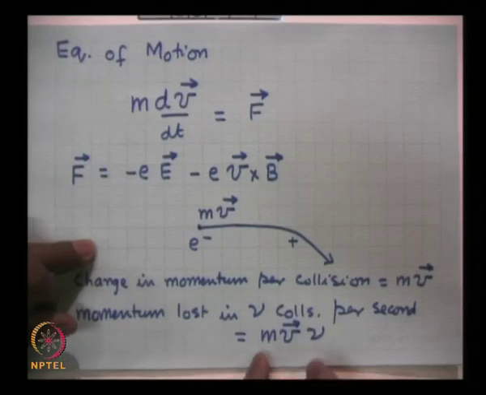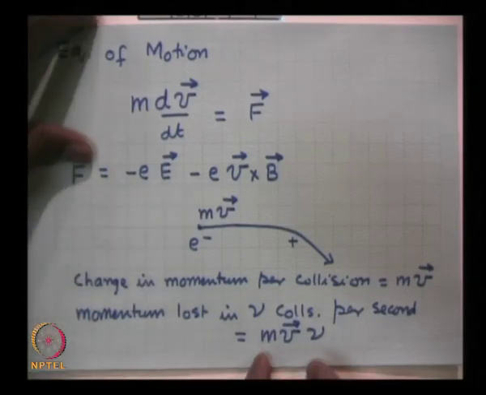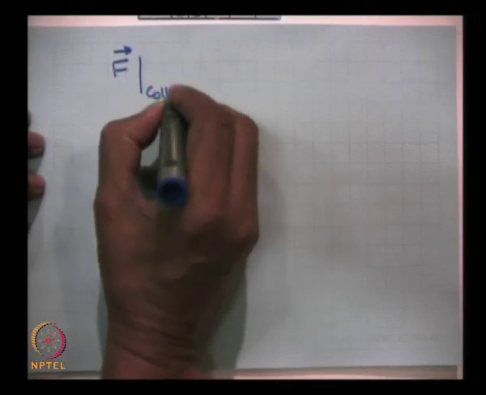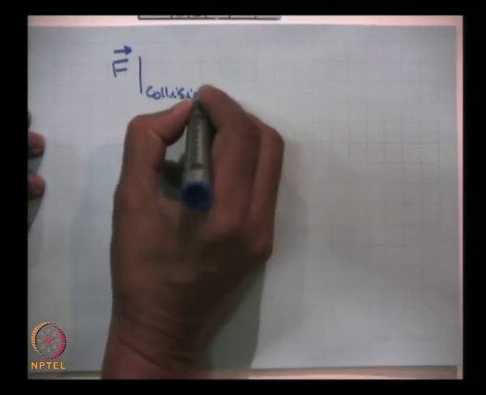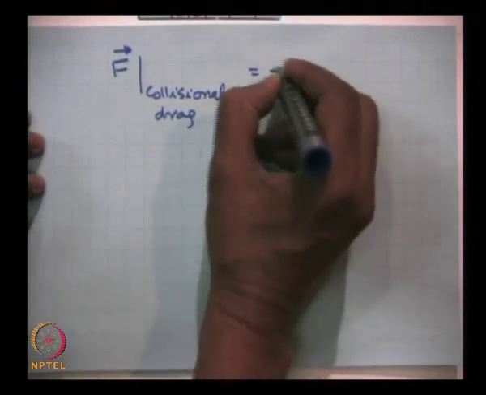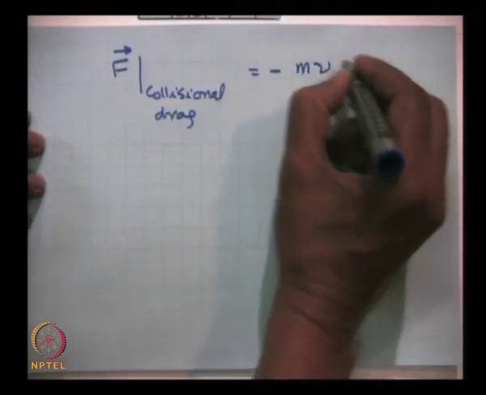So, equivalent collisional drag force on the electron would be F due to collisional drag would be equal to minus m nu v.